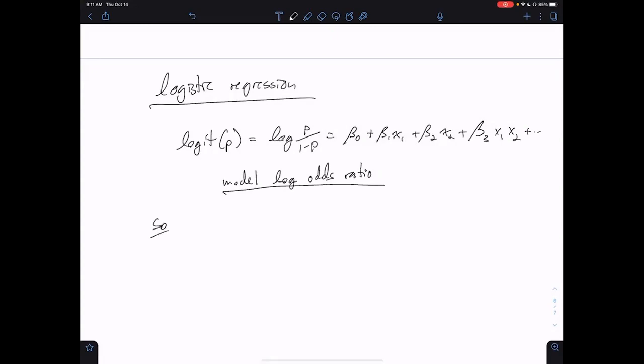So here, our random component for logistic regression is the binomial distribution, number of successes. We have n tries. We count how many successes we have. The systematic component is this linear function.